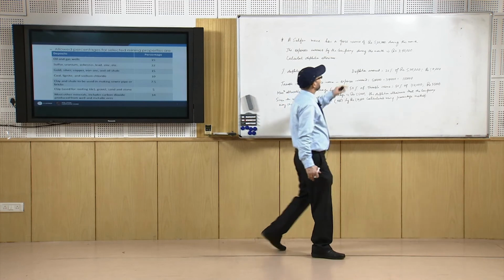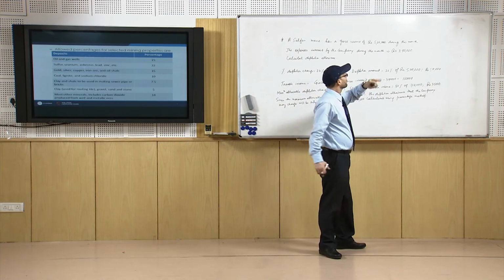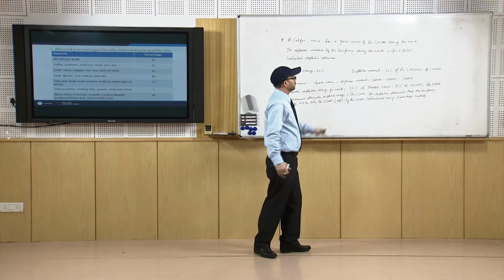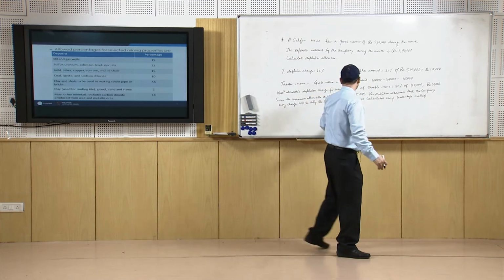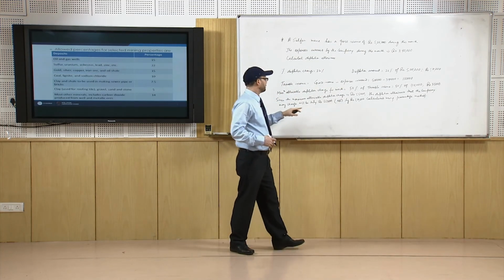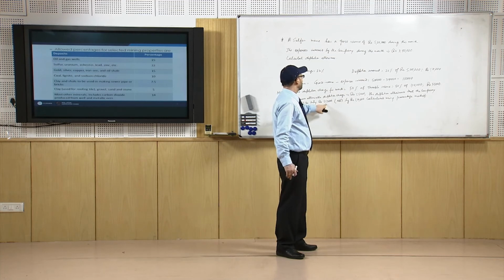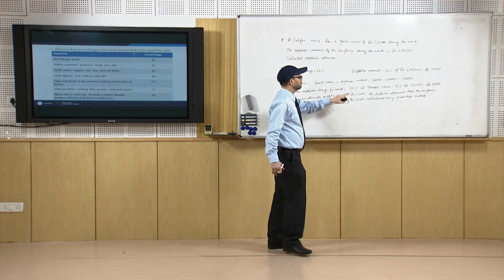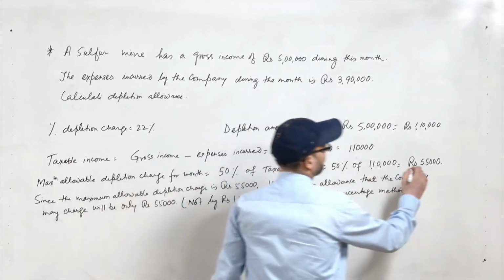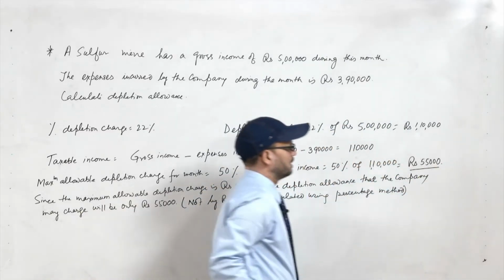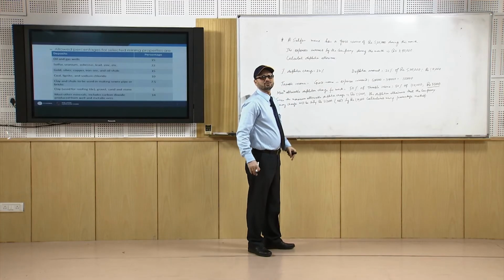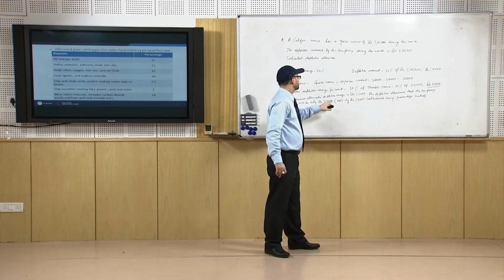Now it would like to have a large depletion amount. So then it will be restricted because of the taxable income, because anyway it has to pay the taxes. So it will be 50% of the taxable income which we have calculated, and this much will be the depletion charge calculated using this method.